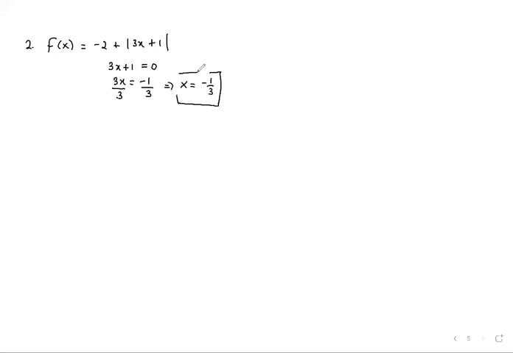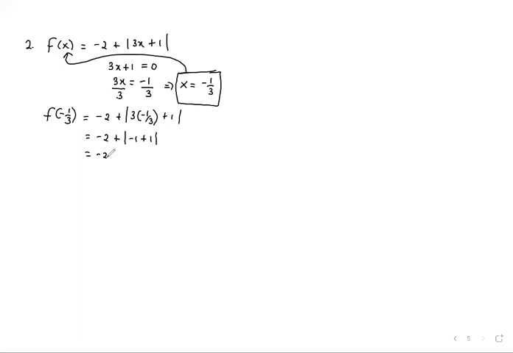This number here, we get as it is, take it in f. So what is f of -1/3? That is -2 plus the modulus of 3 times -1/3 plus 1, so that we get -2 plus the modulus of -1 plus 1, which is -2 plus 0, which is -2. So we have a point -1/3, -2.